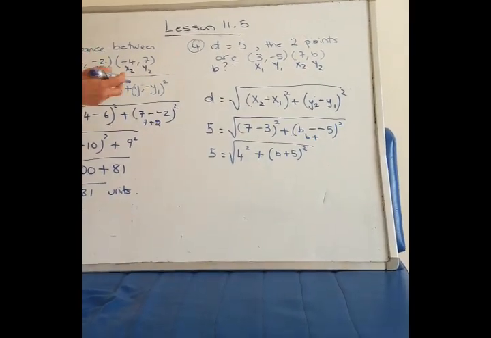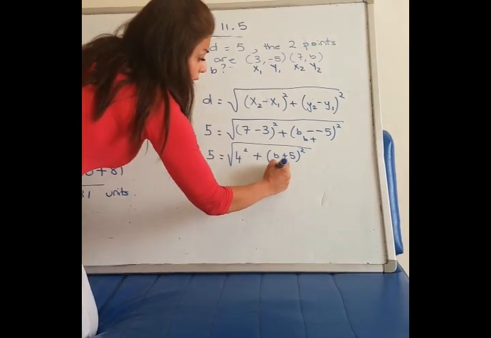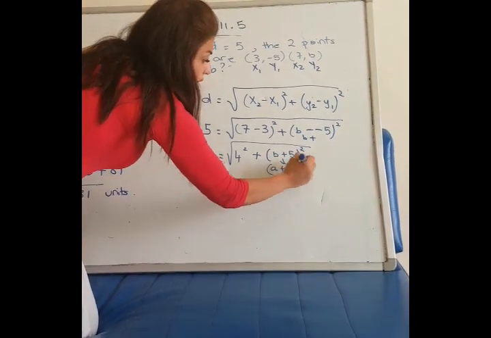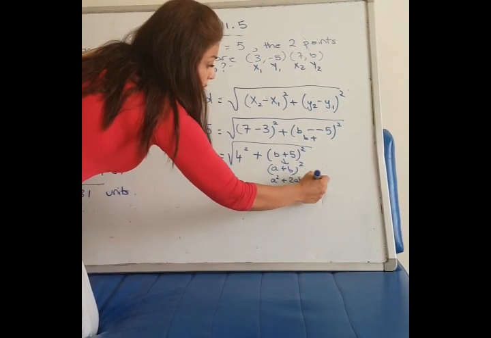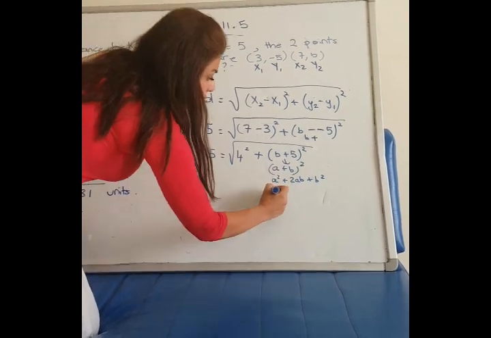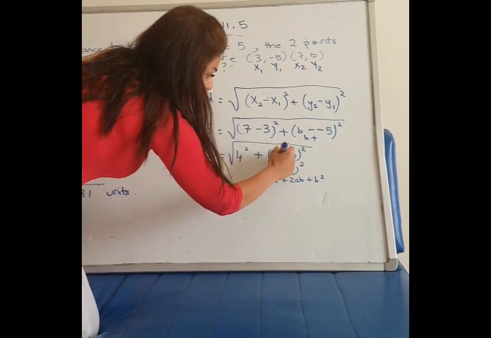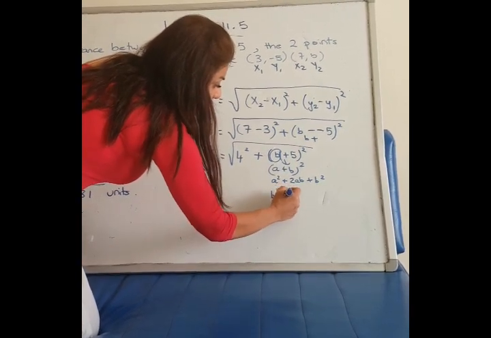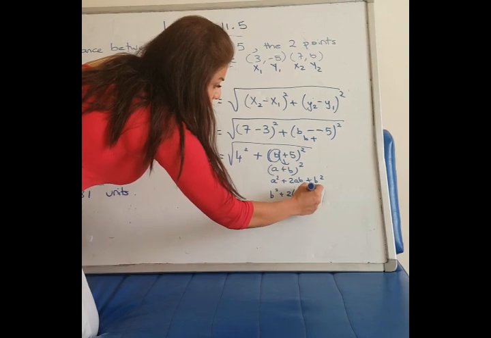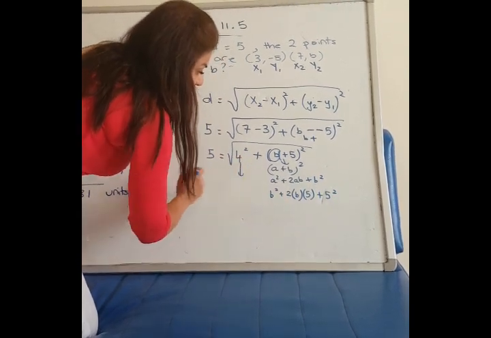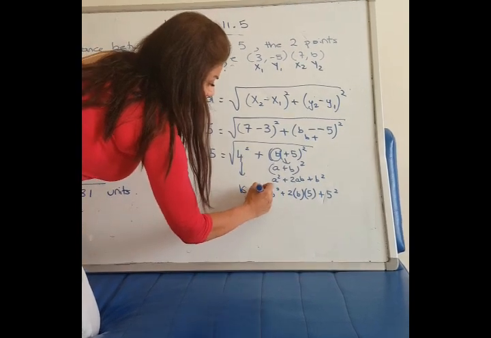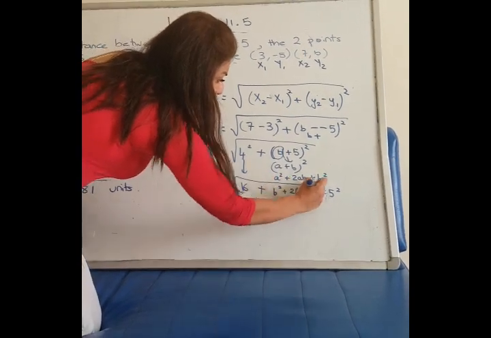What do I do in this case? A plus b to the second power, what does it give me? a squared plus 2ab plus b squared, which is b squared plus 2 times b times 5 plus 5 squared. And I bring down the 4 to the second power, which is 16, and I put my plus sign.